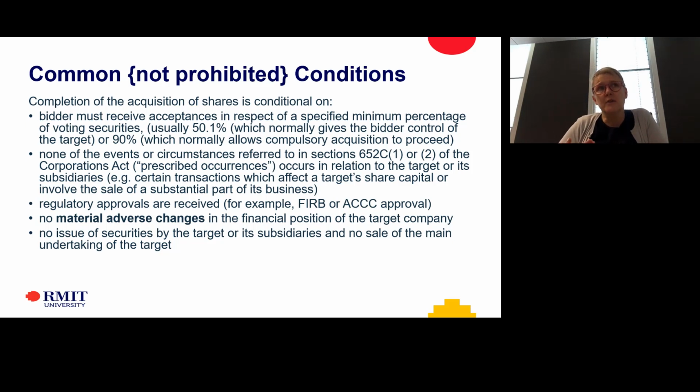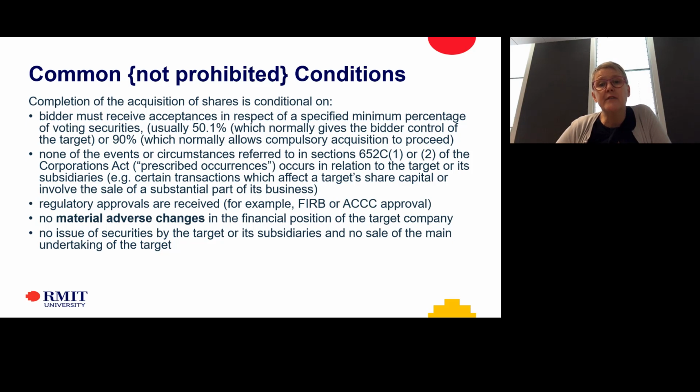The Act works very much with this negative language. Some examples of common takeover conditions include a condition that the bidder receives acceptances in respect of a minimum percentage. So unless it achieves at least 50.1%, it's not going to buy any more shares.